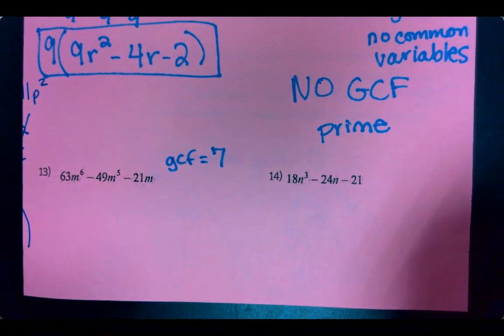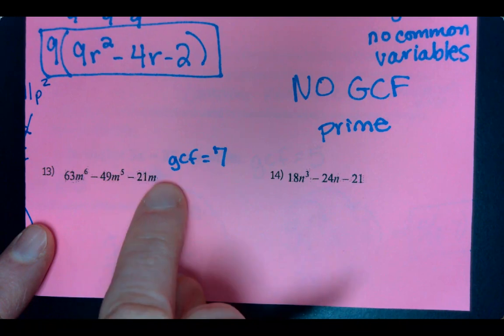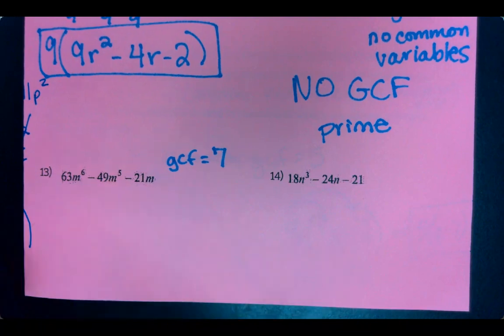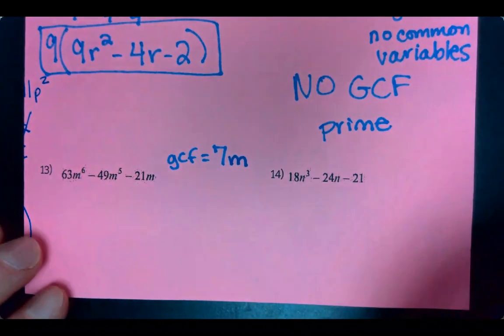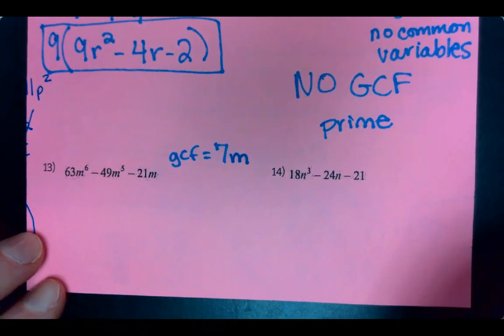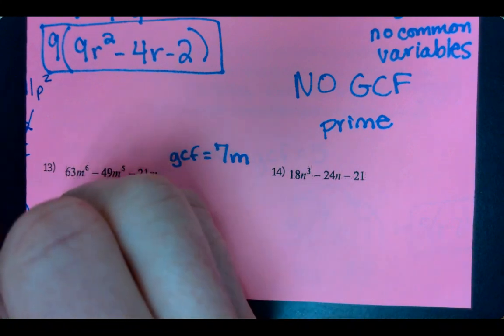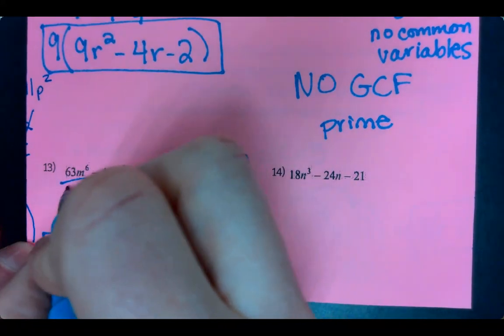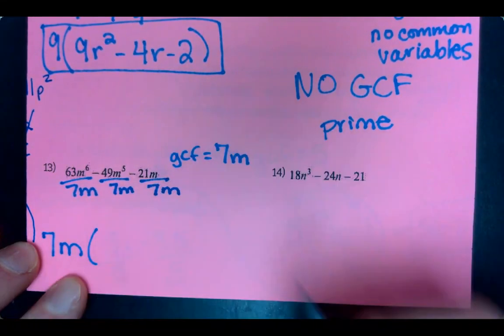And then we look and see if they have any common variables. We have M6, M5, and just M. We have the M in common. So you take your smallest M, so it's an M, because they all have at least an M. So as long as they all have at least an M, you can factor that. So this will be 7M. Divide by 7M all the way through, like that.